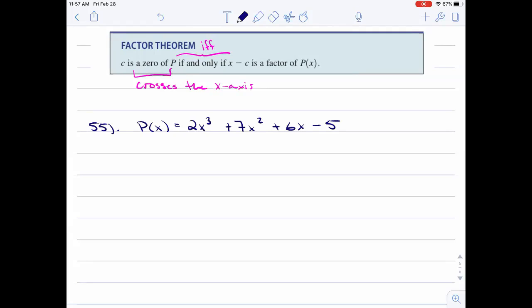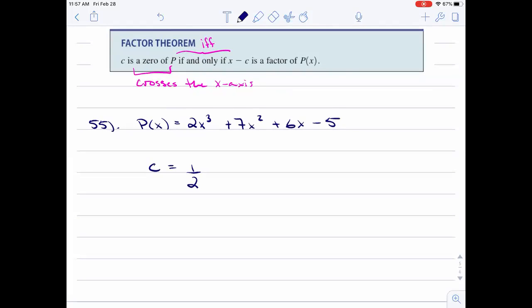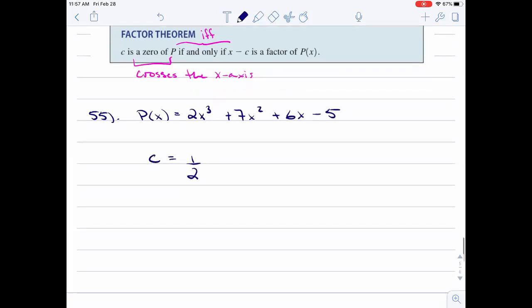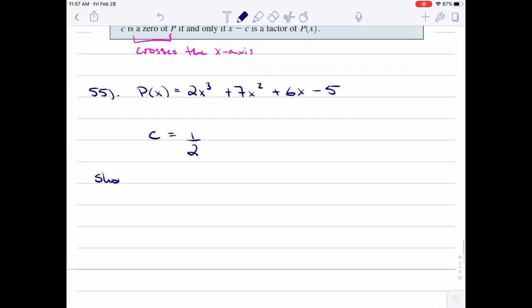So I don't need to make any adjustments. But now I want to show that c equals 1/2 is a factor, or we want to show that x minus 1/2 is a factor of P of x.